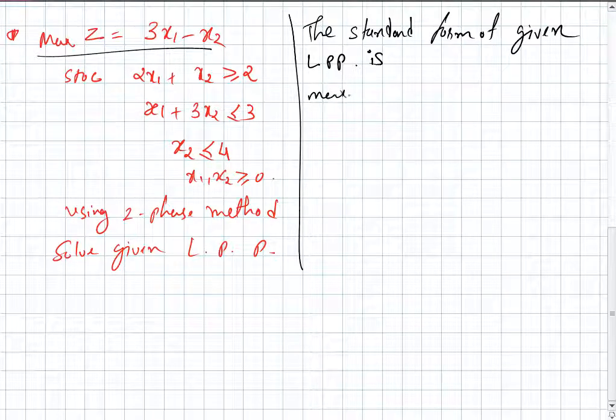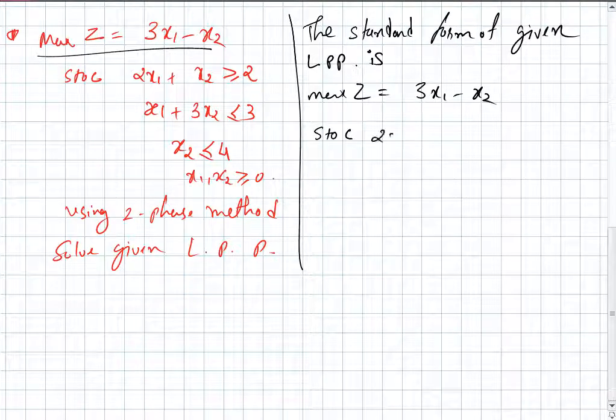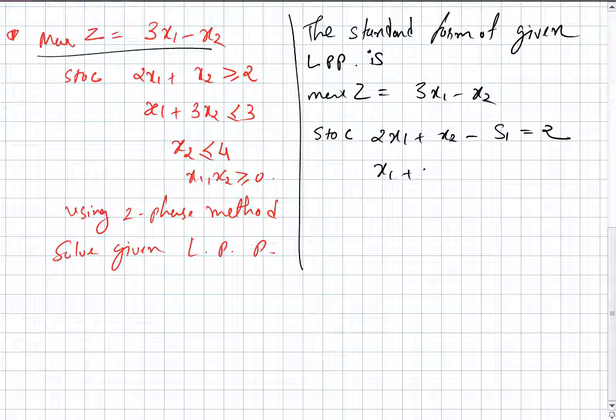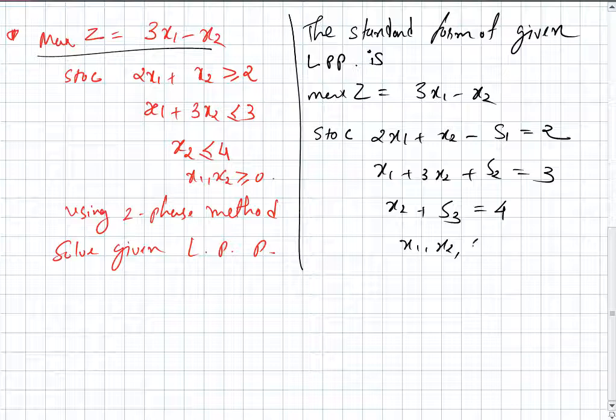Maximize z = 3x1 - x2 subject to constraints 2x1 + x2 - s1 = 2, x1 + 3x2 + s2 = 3, x2 + s3 = 4, and x1, x2, s1, s2 and s3 are all greater than or equal to 0. This is your standard form.